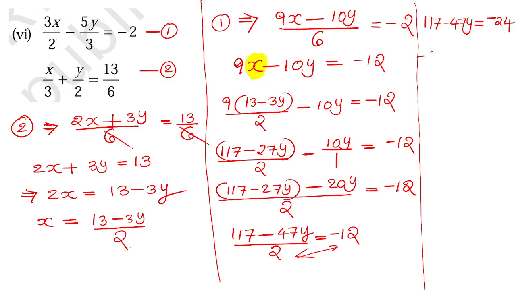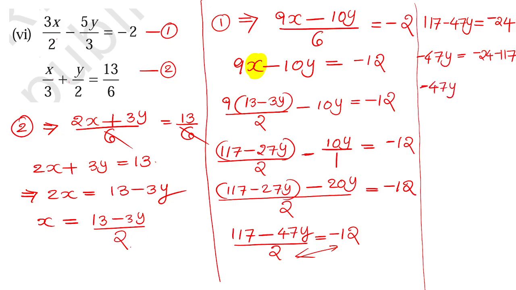Minus 47y is kept on the left hand side. 117 goes to the other side, because minus 117. Let me do the subtraction. 24 and 117, that is 141.